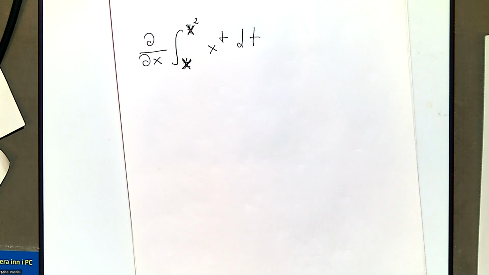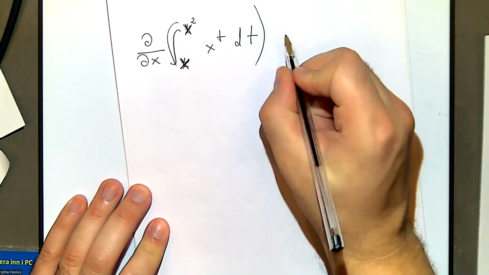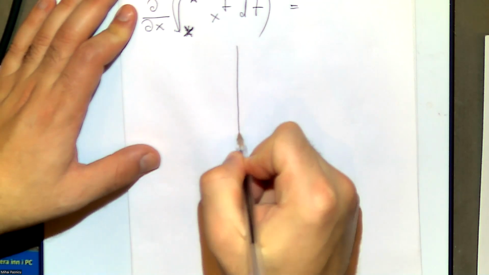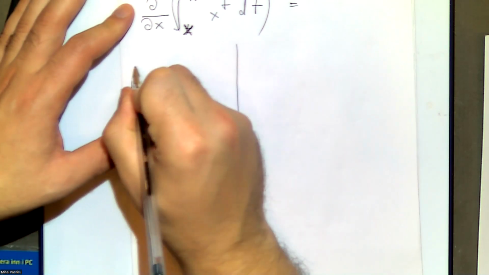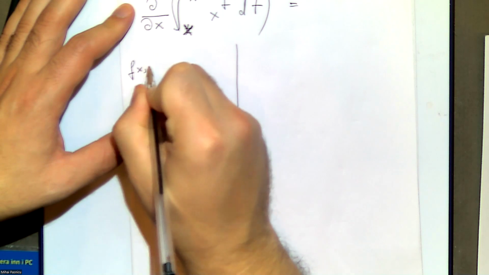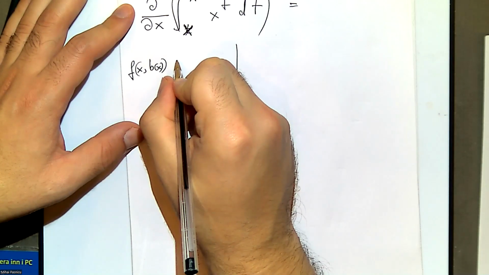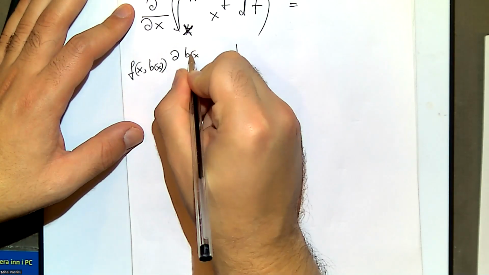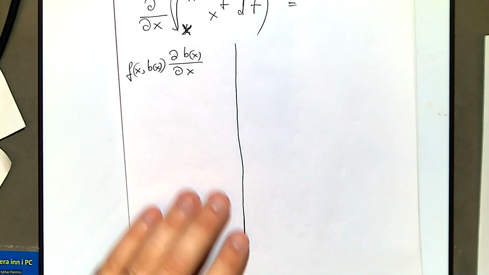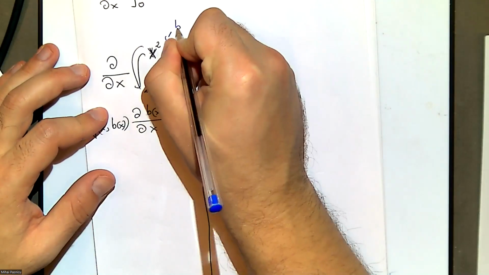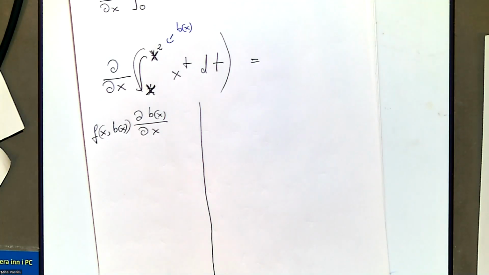And I'm again going to apply Leibniz the same way. Again, I'm just going to write the formulas on the left so you can keep pace. I have f of x, b of x, times the derivative of b of x with respect to x. What changes this time is my b of x is not 1. It's x squared. That's the only thing that changed.